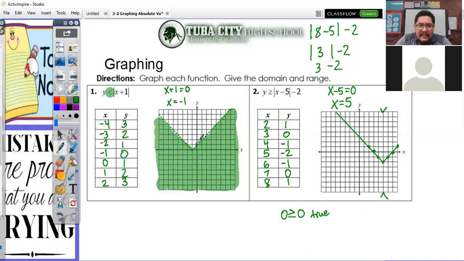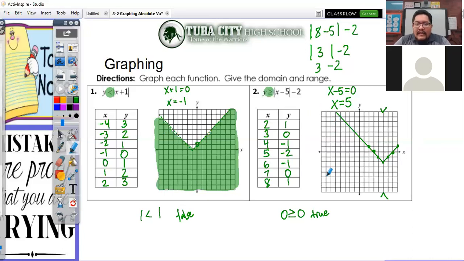Whereas if I pick something like here, in this case, I have 0, 1. So X is 0 and Y is 1. I'm going to get something like 1 is less than 1, which is false, which means I cannot pick an area on the line here, but I can pick an area on the line here. So again, that's just a quick refresher.